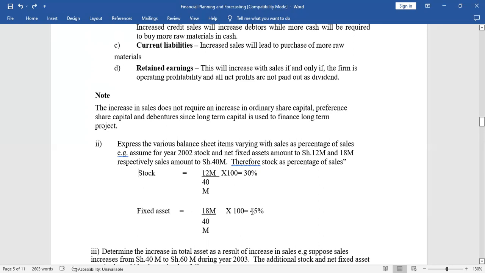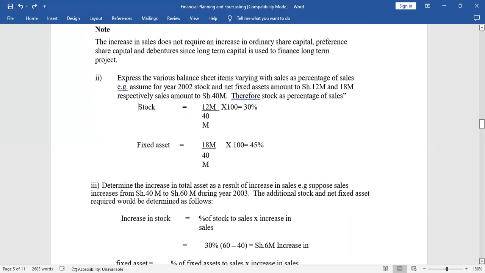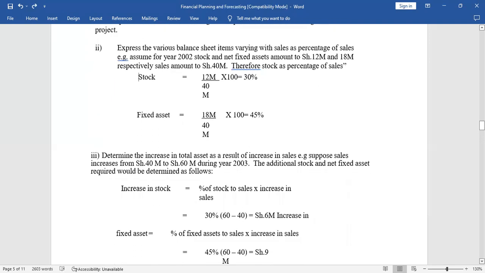So step number 1, we identified the items that are related to sales. Then we convert them to a percentage of sales. Then step number 3, we determine whether it's an increase in the total assets or a decrease. So determine the increase in the total assets as a result of increased sales. We want to know how they impact on the sales.